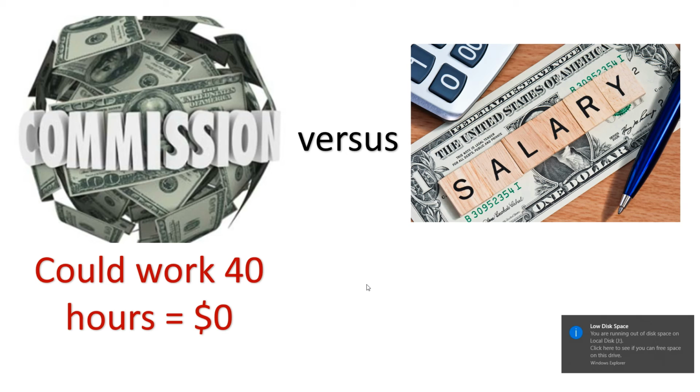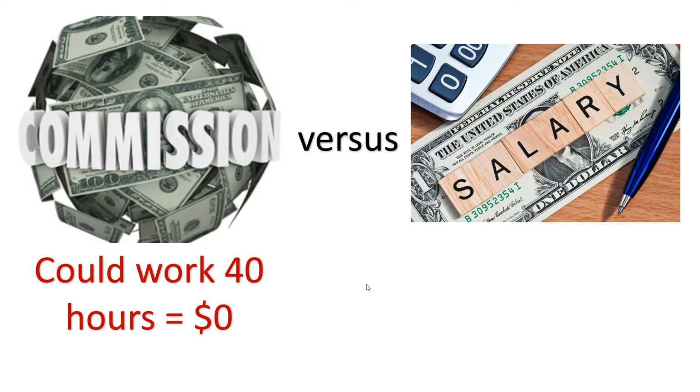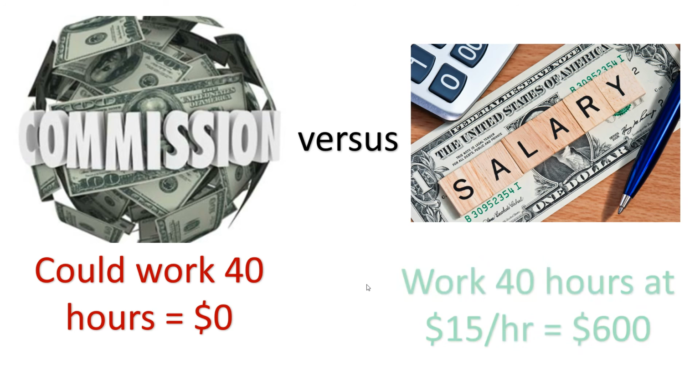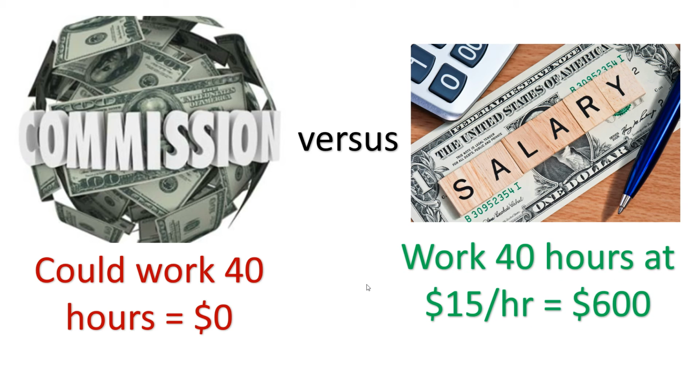So if you're on a job that is purely commission based, like a realtor, if you're not selling any homes, you're not making any money. Versus a salary, if you're guaranteed to earn $15 per hour, if you work 40 hours, you're going to make $600. So a salary, if you're paid per hour, you're going to make the money if you put in the time. Versus a commission, you could put in a lot of time and not make any money.